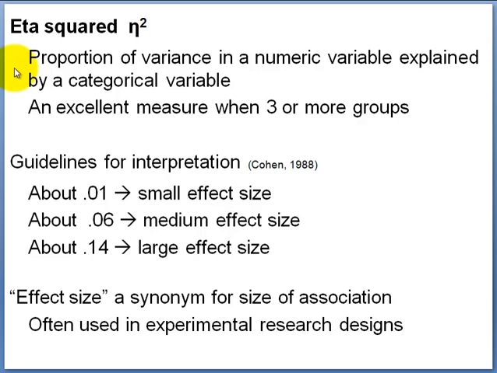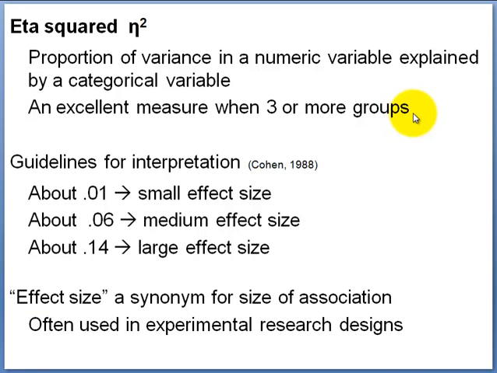Now, a measure that we will simply mention and not go into too much is eta squared. Eta squared can be interpreted as the proportion of variance in a numeric variable that is explained by a categorical variable. Your computer software programs can compute eta squared, and it's an excellent measure of size of association when you have 3 or more groups.